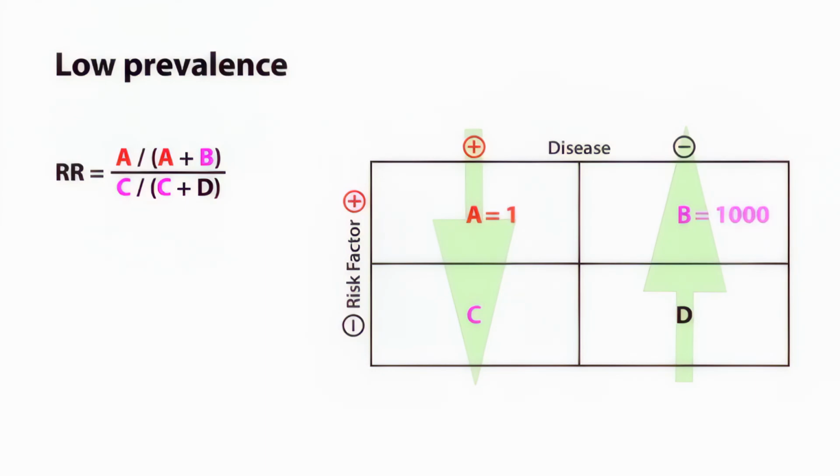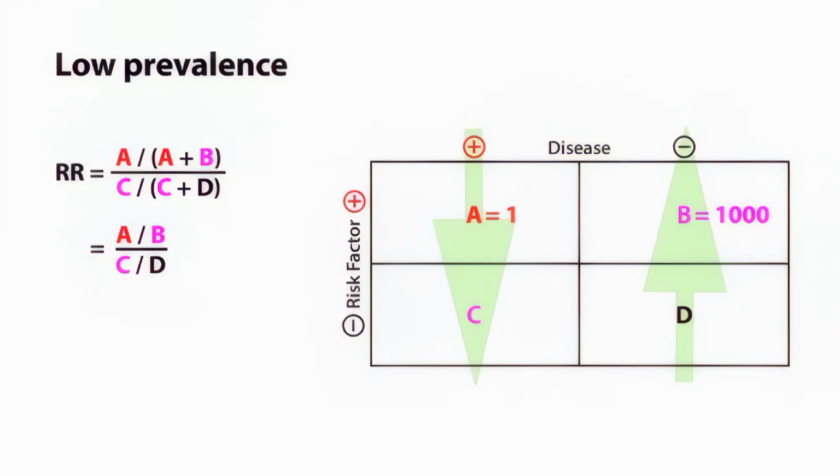If A is 1 and B is 1,000, there's not much difference between 1 over 1,000 and 1 over 1,001. So when prevalence is low, A over A plus B essentially becomes A over B. And when C is minuscule, C over C plus D becomes C over D. So when prevalence is very low, the relative risk equation becomes A over B divided by C over D.